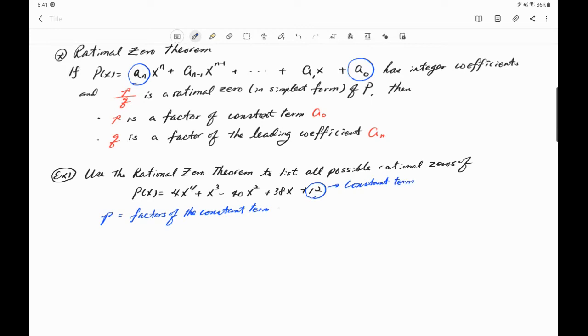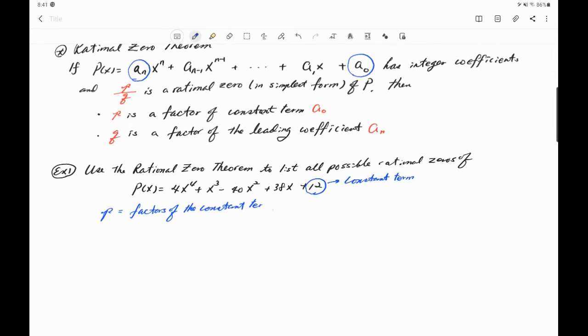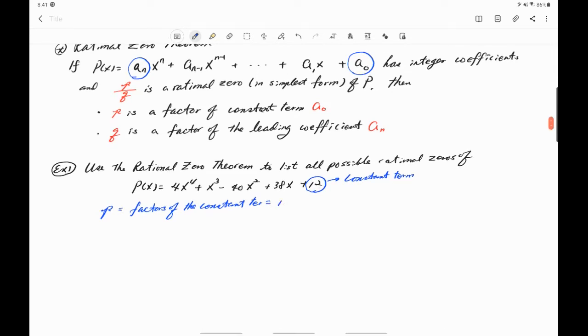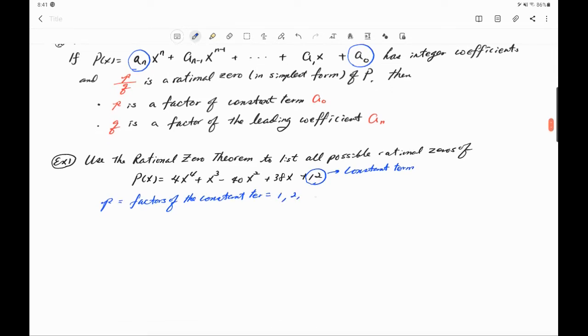All right, so in that case, what are the factors of 12? It can be 1, 2, 3, 4, 6, and 12. These are the factors of 12. How about q? q is the factors of what?